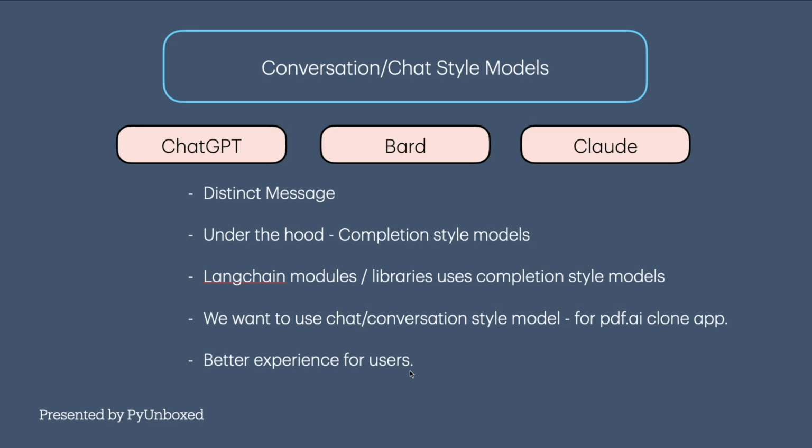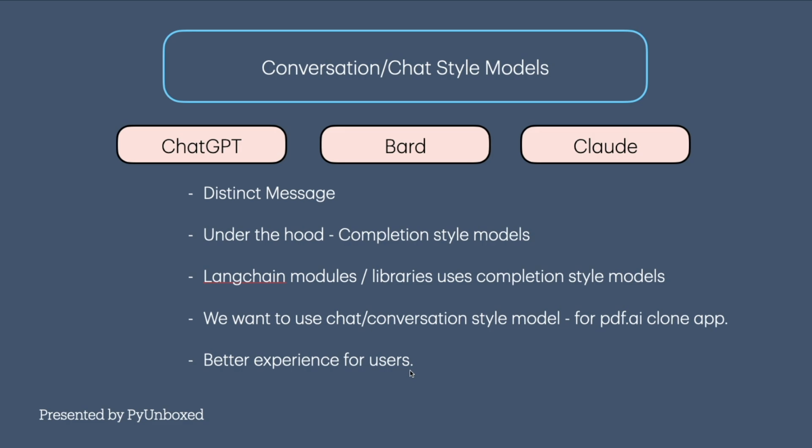We have some input text and we get some plain output text. It just appends onto the end of the input. But in a chat style model, things are a little bit more complicated because we have to somehow distinguish between my message and the chatbot message. That's what it's really about: how do we distinguish between these messages when doing a follow-up?